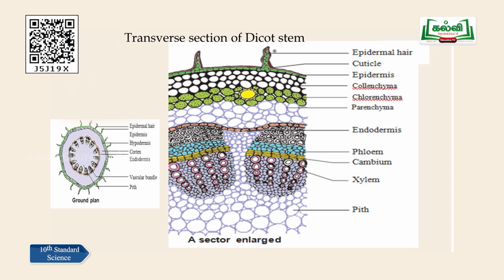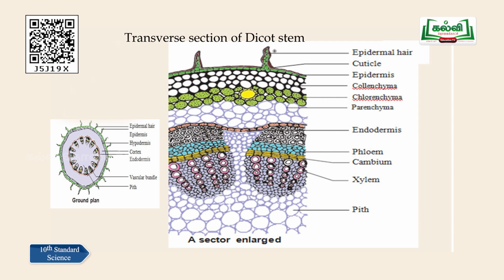Now, you are able to see a beautiful enlarged transverse section of a dicot stem. You can correlate the ground plan and the enlarged section. Here you can see the epidermal hair at first, covered by the cuticle, followed by the epidermis, and below it the cortex region is divided into three major parts.